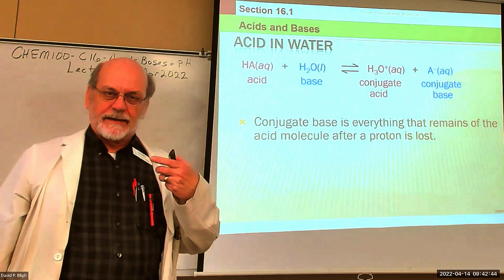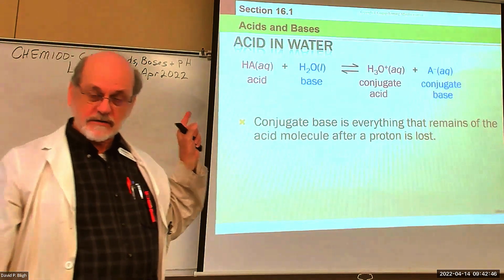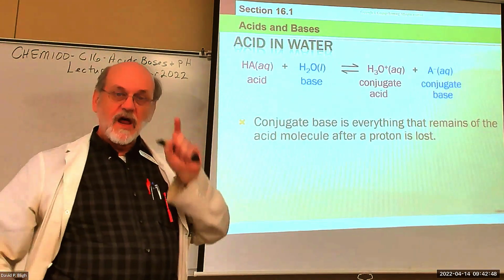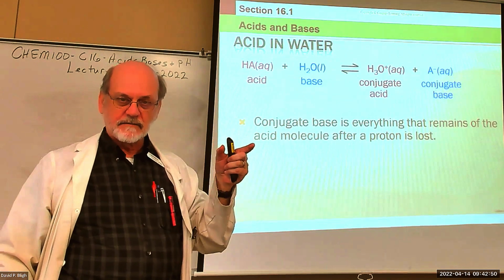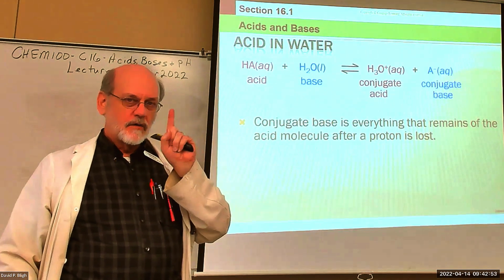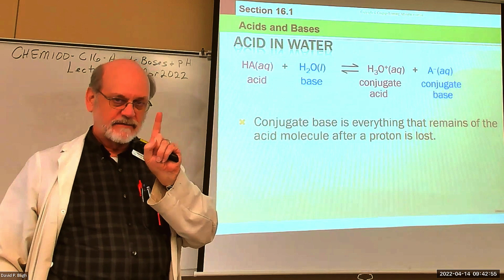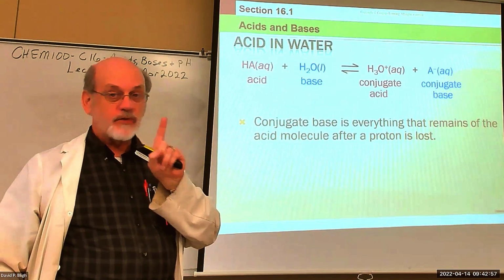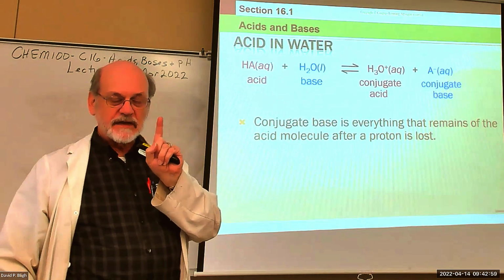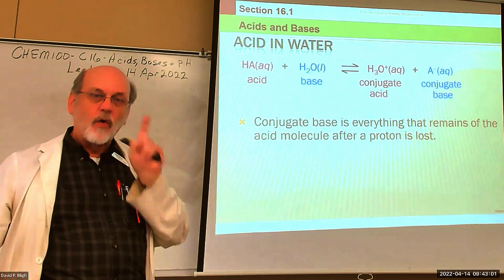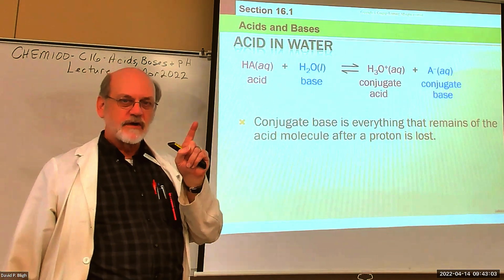Now, notice one other thing. When we write these equations for the loss of a proton from an acid, it's always one proton at a time. We don't lose two protons at a time. The equilibrium process says that only one proton transfers at a time.